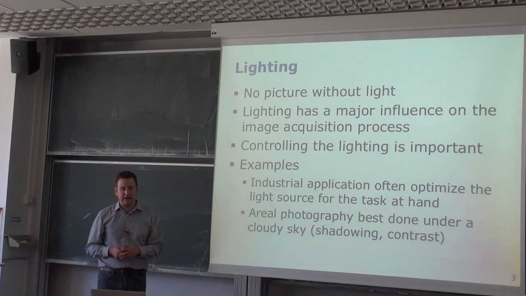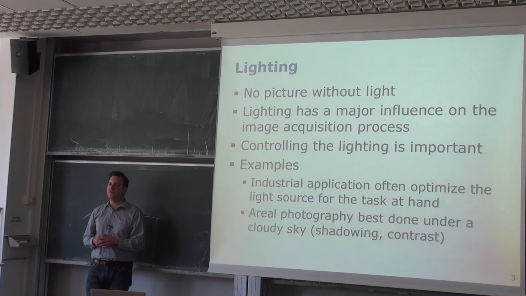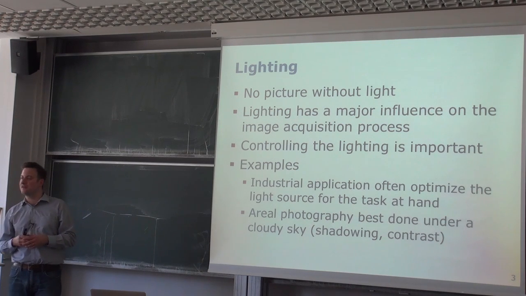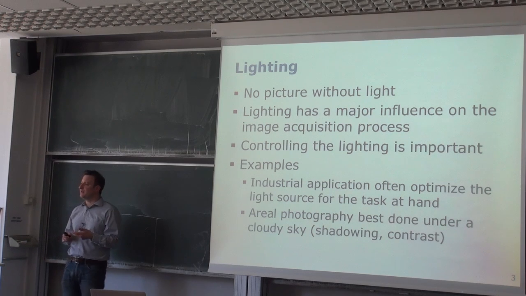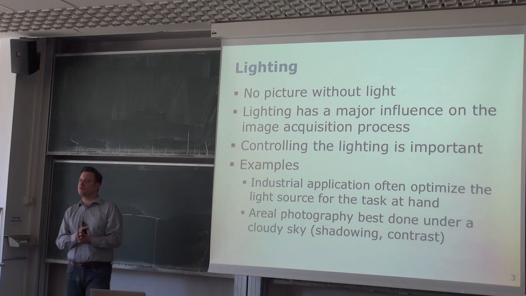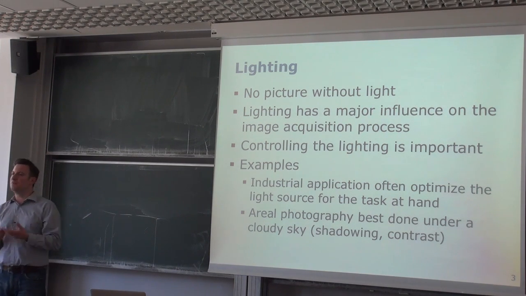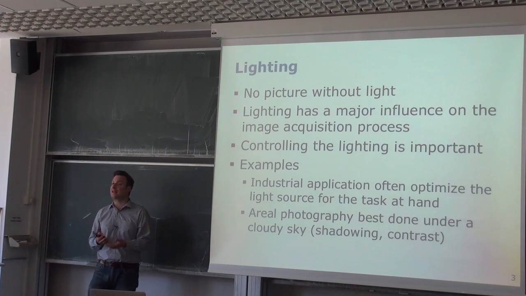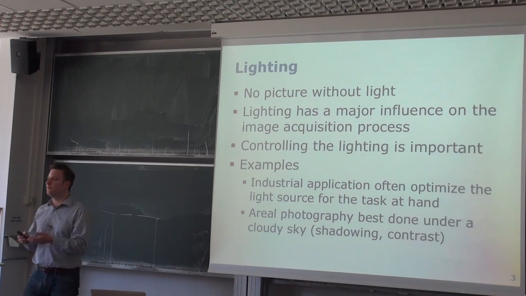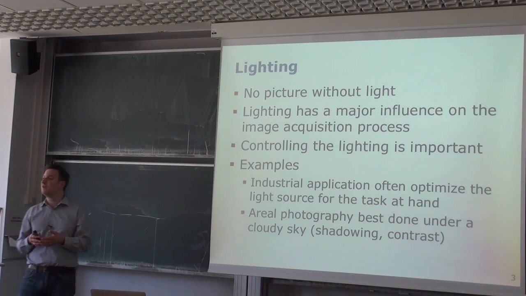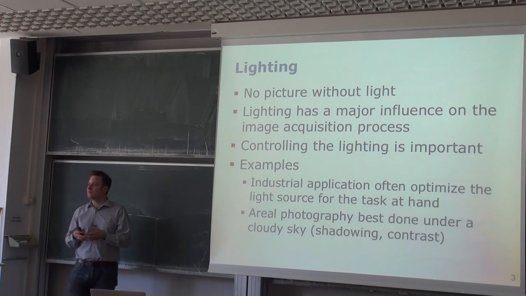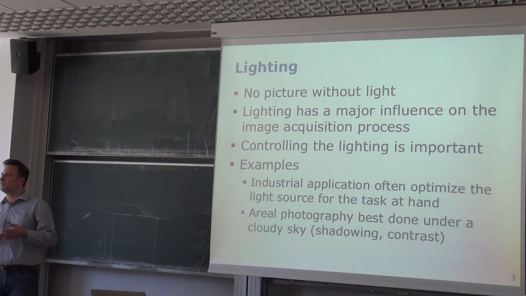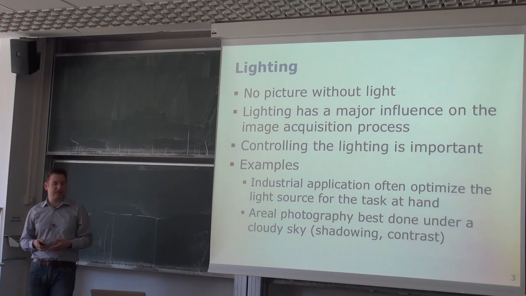For example, a slightly cloudy sky is actually beneficial for aerial photography as long as we fly below the clouds, because we don't have very strong shadows, which leads to better contrast in those images. Especially in those shadow areas, it's easier to analyze the images. Therefore, the key message is to make use of the lighting conditions and control them, or control the image acquisition process if you can't control the lighting itself.